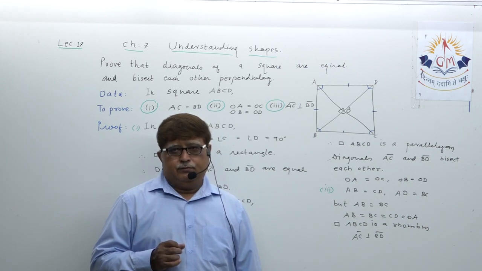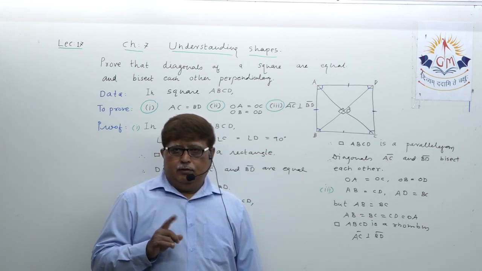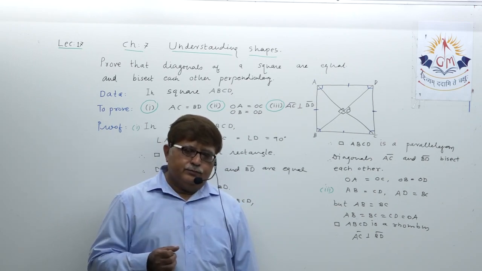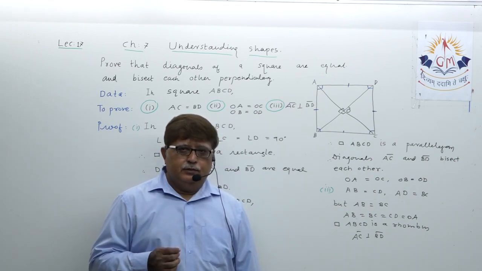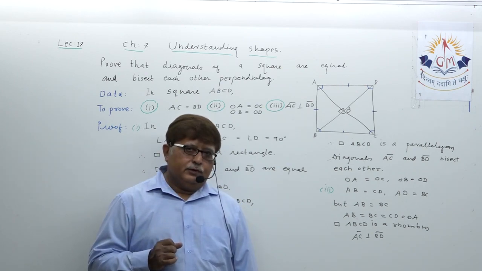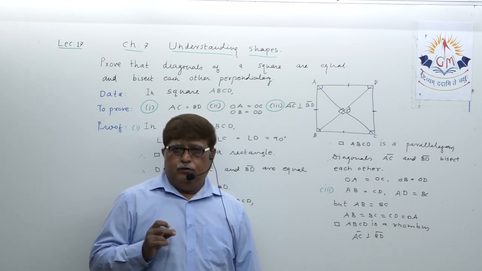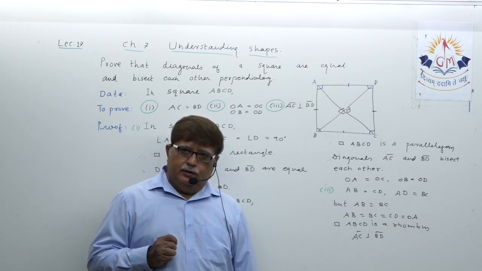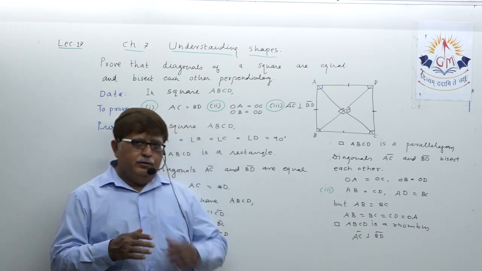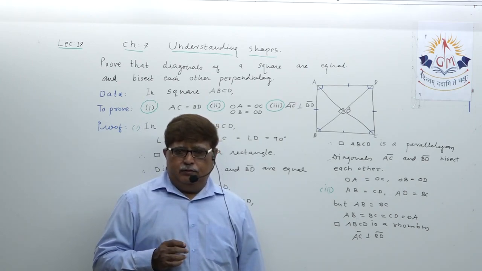Second, all sides are congruent or equal. Third, all angles are right angles. Fourth, diagonals are equal.